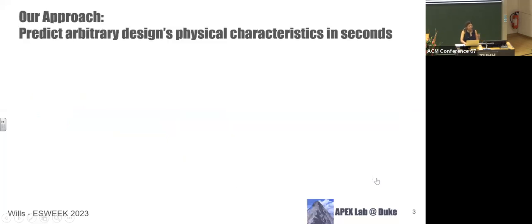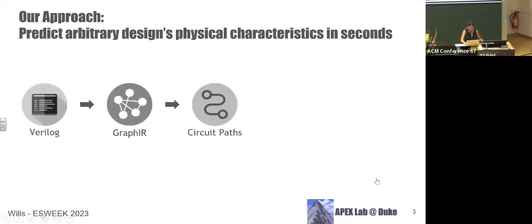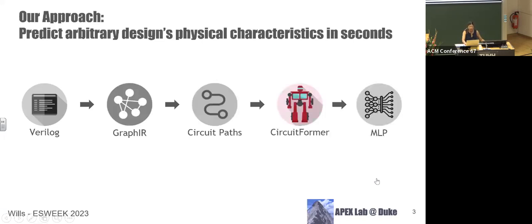So our approach is to use a deep learning-based method to quickly predict an arbitrary hardware design's physical characteristics, such as its timing, power, and area. We use a graph intermediate representation we call GraphIR to represent a design, and then extract circuit paths from the circuit graph using a modified transformer model we call CircuitFormer.